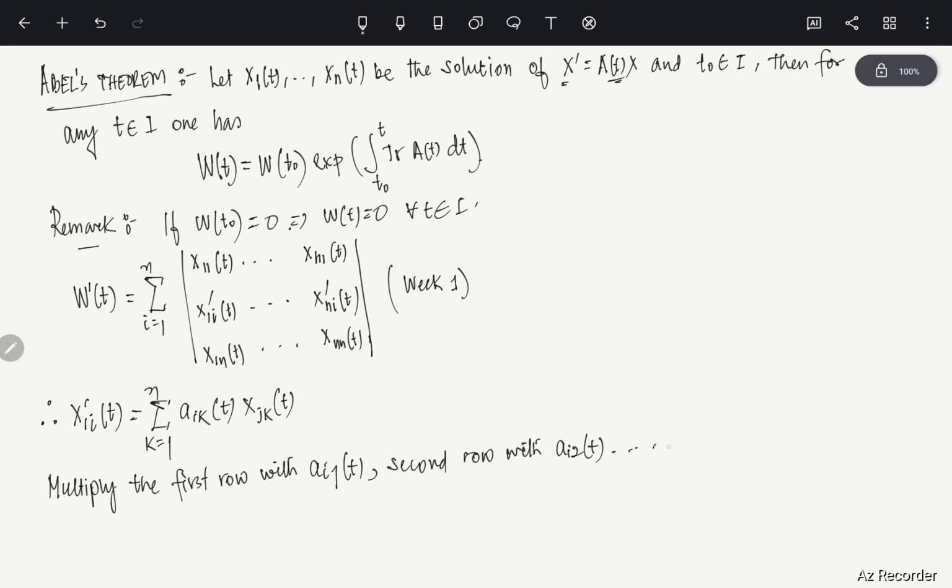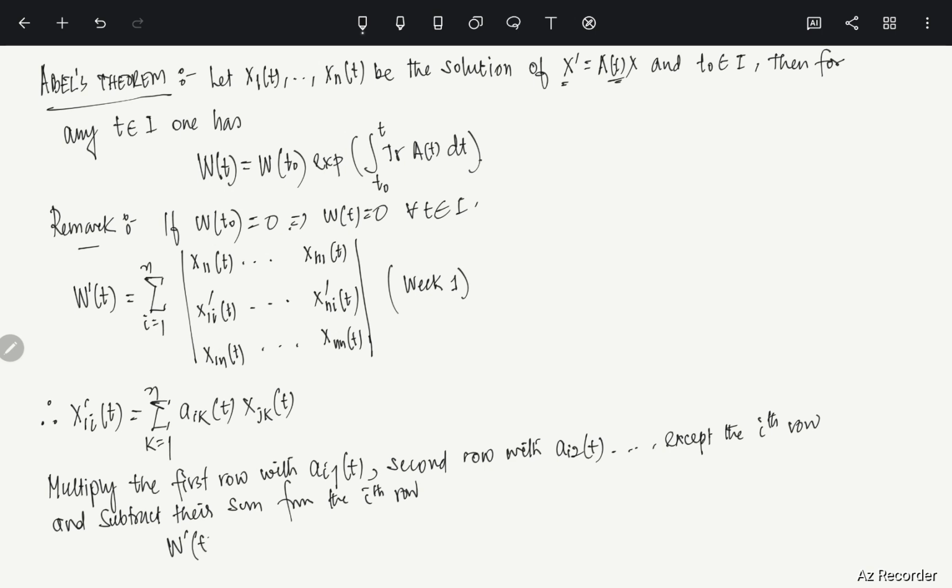Then you get that W prime of t is the summation from i equals 1 to n of a_ii(t) times the Wronskian W(t).